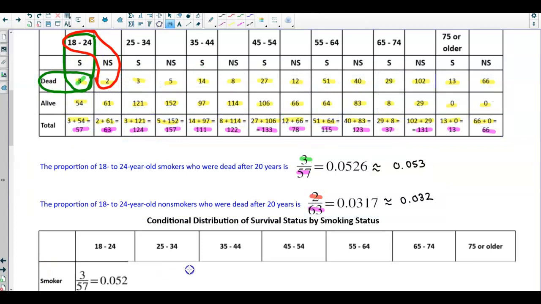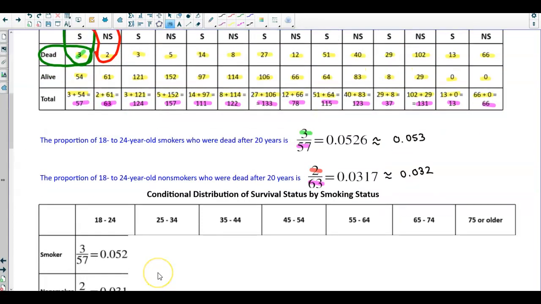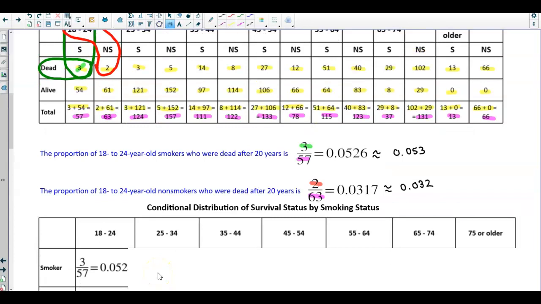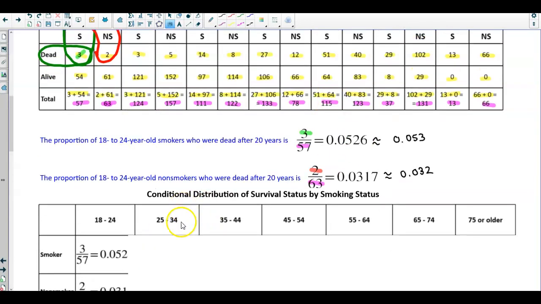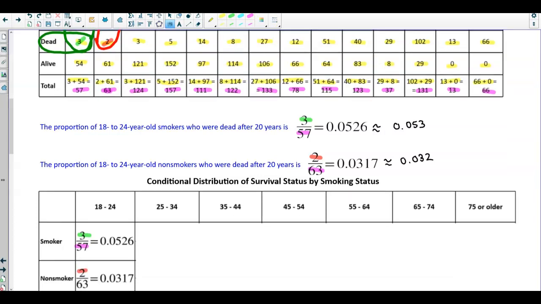Okay, so for smokers and non-smokers of 18 to 24, we already have those values. We saw that 3 divided by 57 gave us 0.0526. Okay, and then we saw that 2 divided by 63 gives us 0.0317.